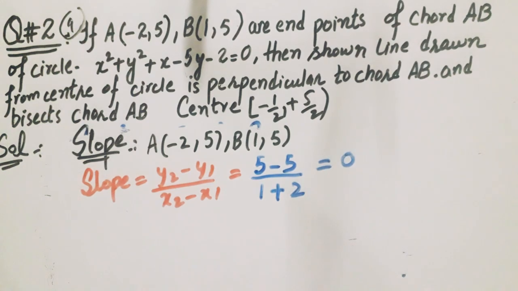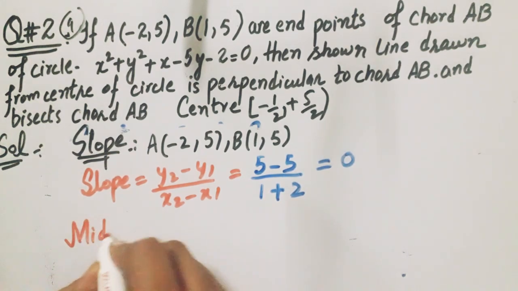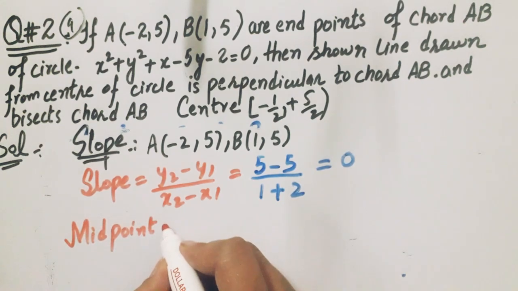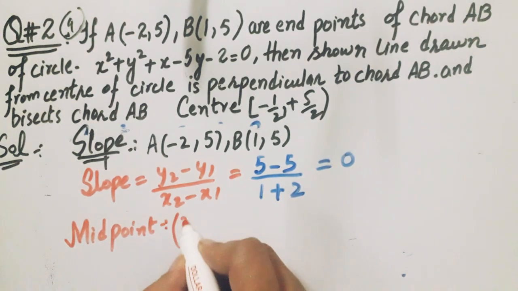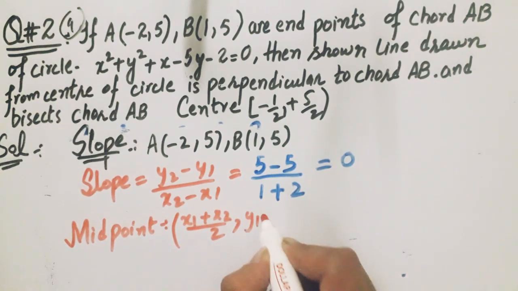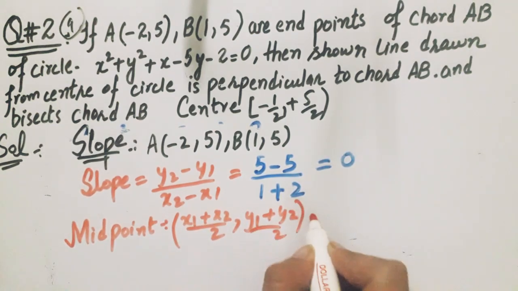Now we will find the midpoints. After finding the slope, we will find the midpoints. So midpoint formula is x1 plus x2 divided by 2 and y1 plus y2 divided by 2.